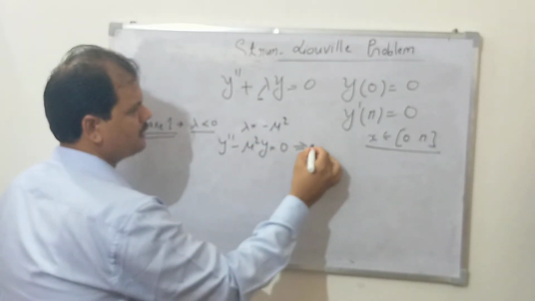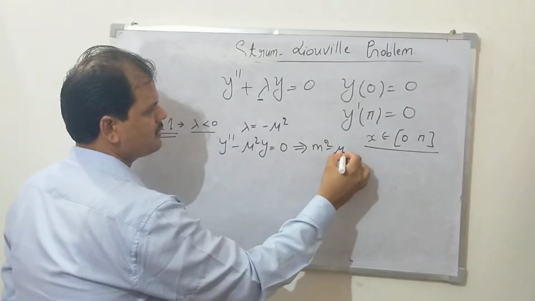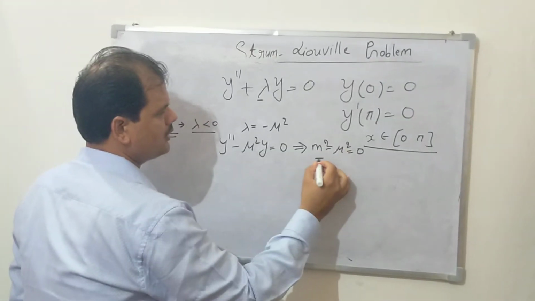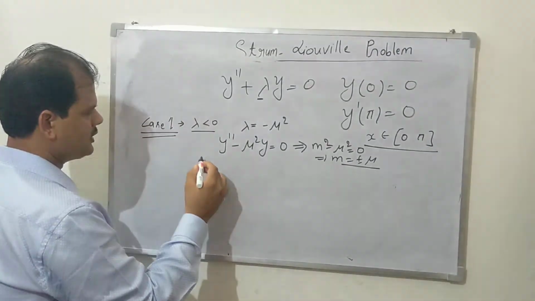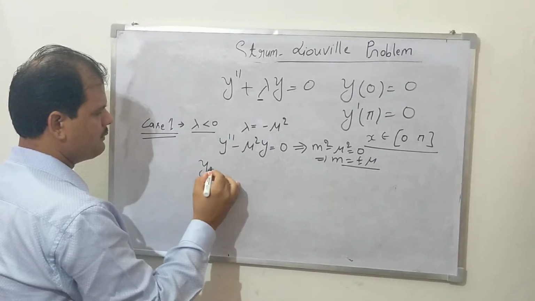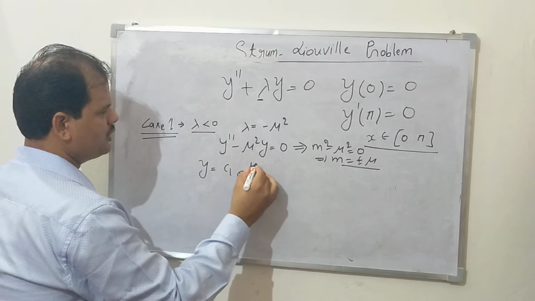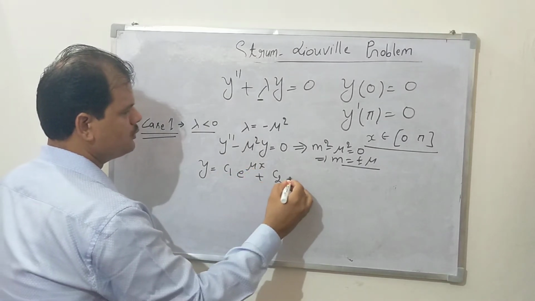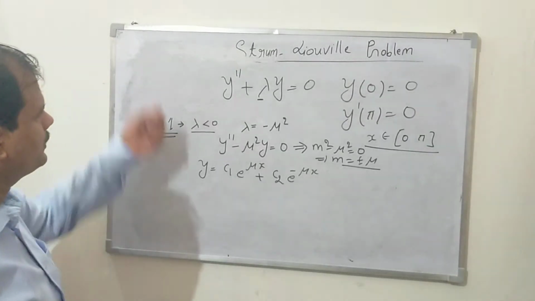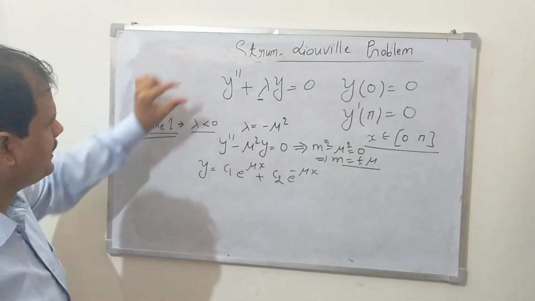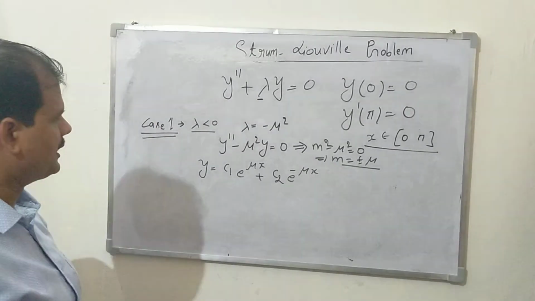The auxiliary equation will be m squared minus mu squared equal to 0, which implies m equal to plus or minus mu. So the solution is y equal to c1 e^(mu x) plus c2 e^(-mu x). This is the solution of the given SLP for negative lambda.